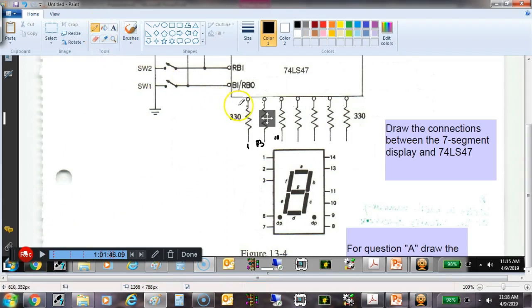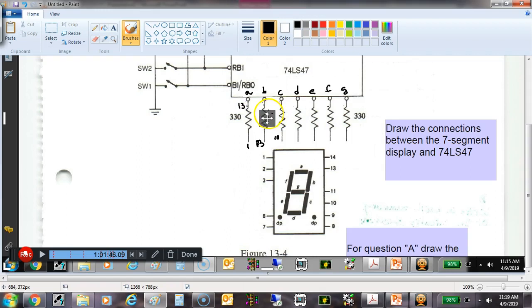So the pin out for this, depending on this one, if this is A, B, C, D, E, F, G, then this right here, the A segment on the 7447, would be pin 13.